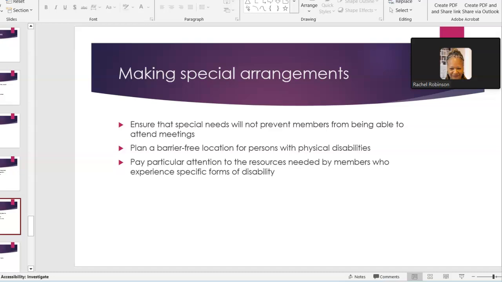Make sure she attends to special needs. For example, if one of the women she's working with has diabetes and it's the evening and she needs to make sure that she keeps her sugar up, Nancy needs to make sure that that's a part of the physical environment. And for folks that have physical disabilities, so you're paying attention to those things.